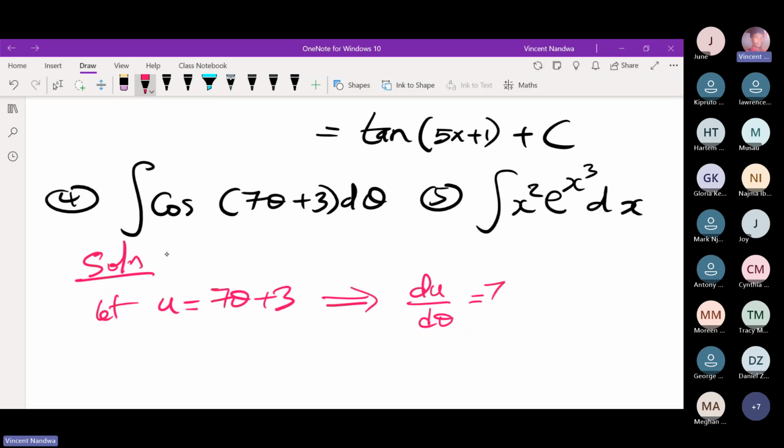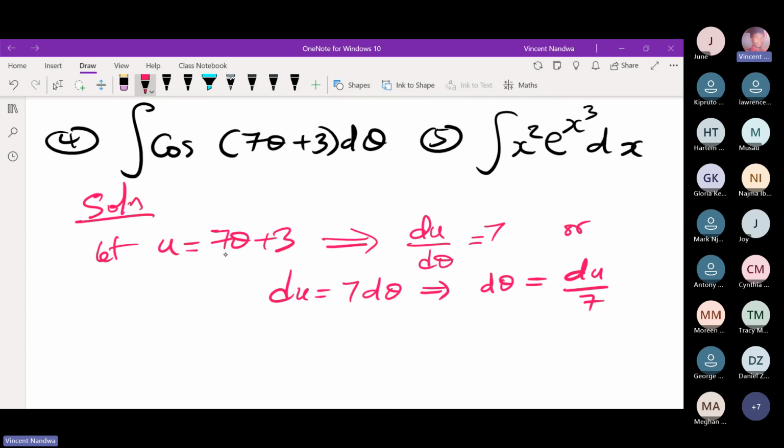Or du alone will be 7 d theta, which means d theta alone will be du over 7. Yes, du over 7. So where there's the theta, you replace by du over 7 to change the variable in terms of u.